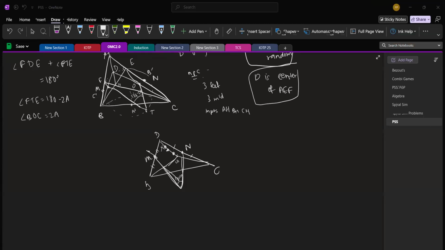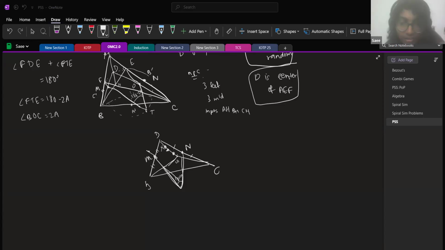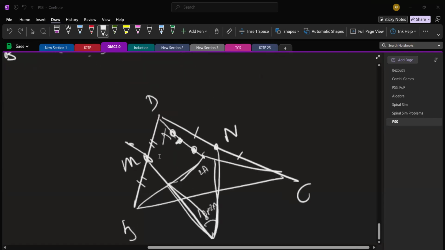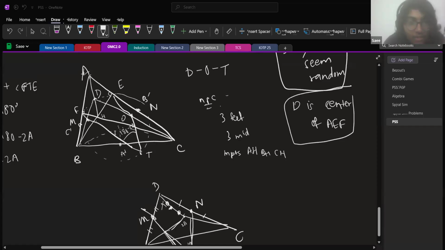It's one of the very trivial ways. Interesting. What about parallelograms since we have midpoints? Wait, why did we rule out some of the things?